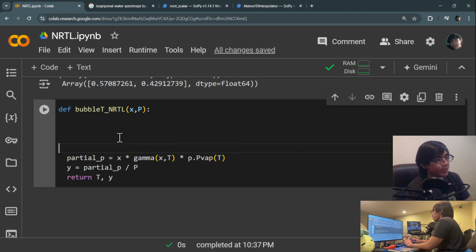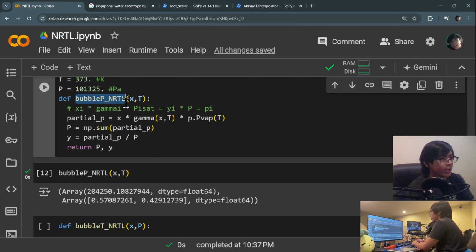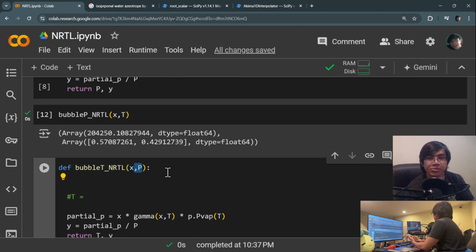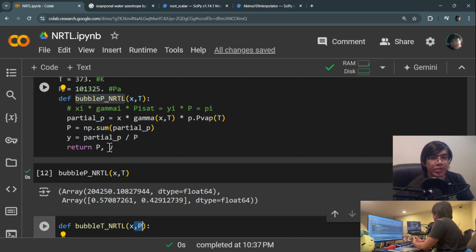And now all we're missing is this temperature. So we need a temperature somehow. I'll go ahead and comment that out. The way we get our temperature, that's right, we iterate between our bubble pressure and the pressure that we want. And this is where we use the root scalar. So we're going to be finding the difference between the two. That's what the root scalar does.